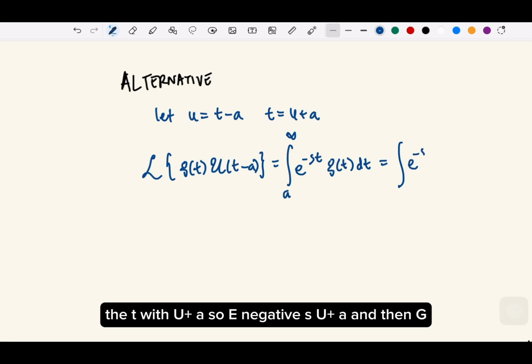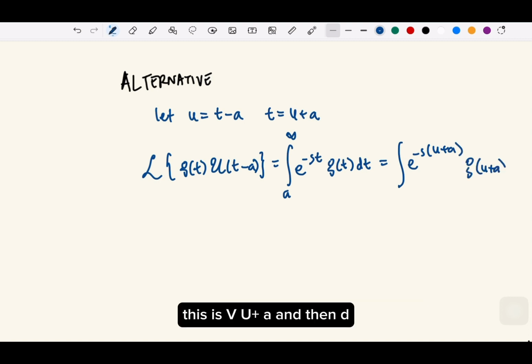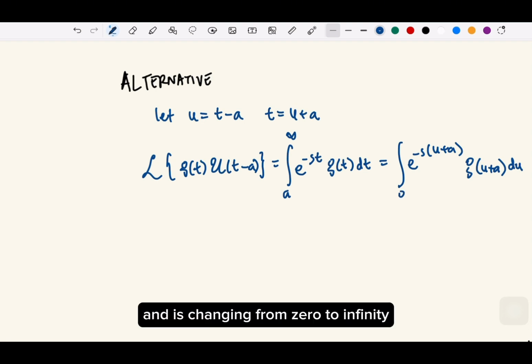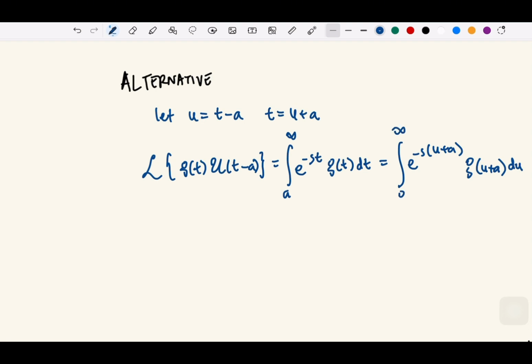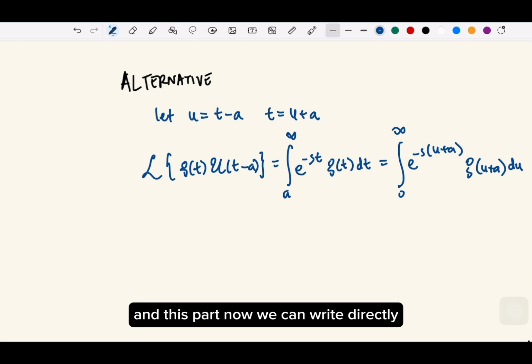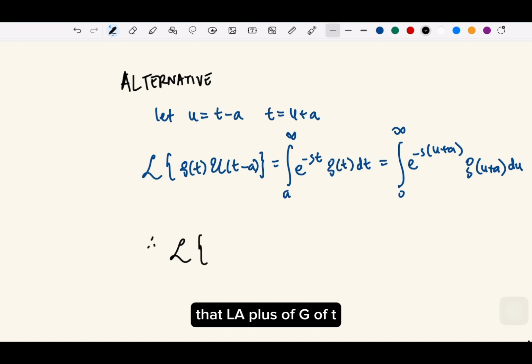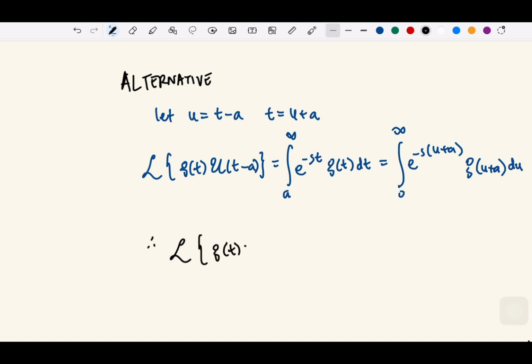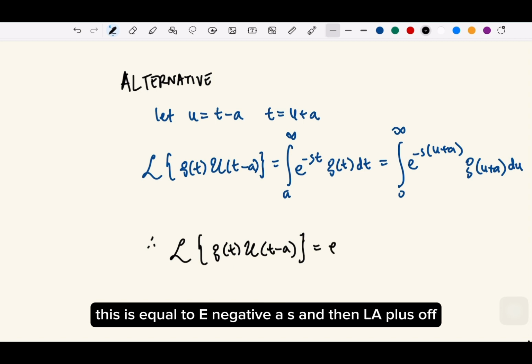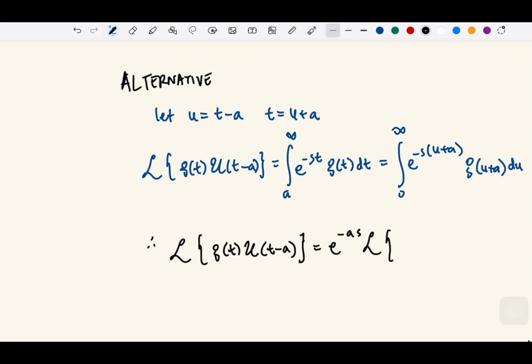So e to the negative s(u plus a), and then g of u plus a, and then du, changing from 0 to infinity. And this part now we can write directly that Laplace of g of t times Heaviside is equal to e to the negative as, and then Laplace of g(t plus a).